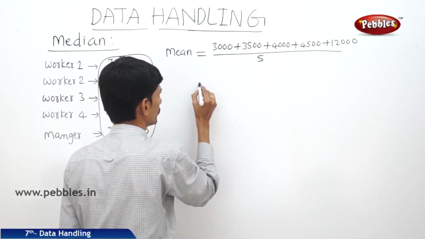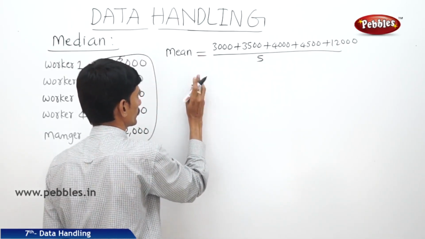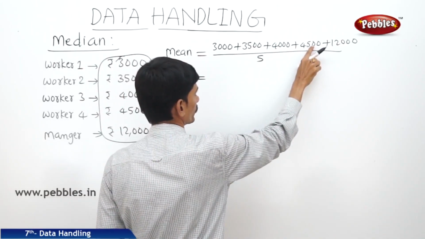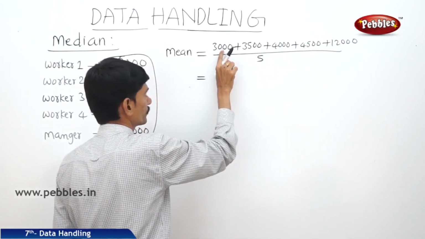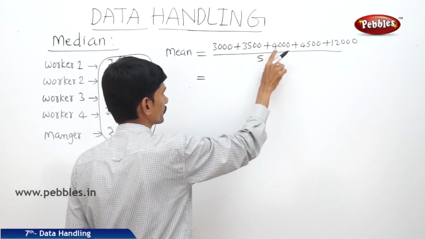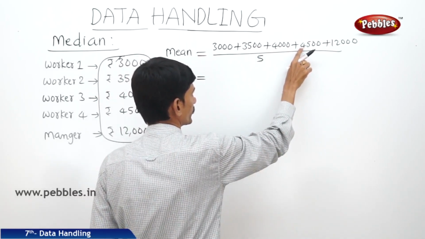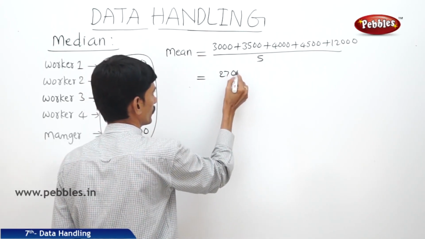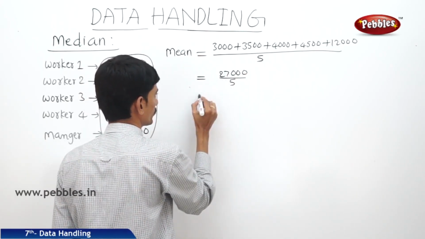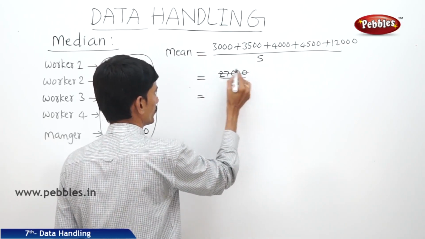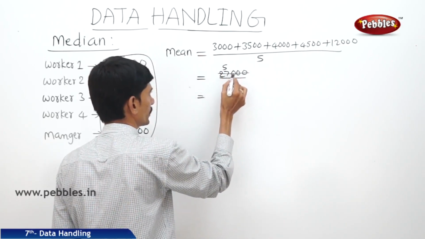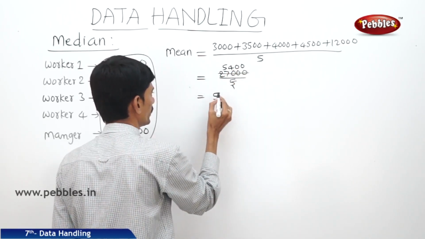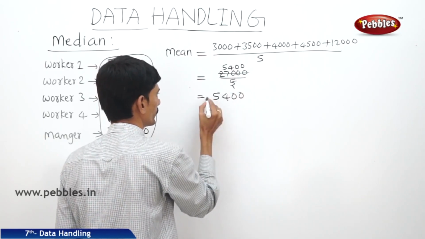So this equals 27,000 divided by 5. 5 fives are 25, 2 remainder, 20, 5 fours are 20, 0. So the mean salary is 5,400 rupees.